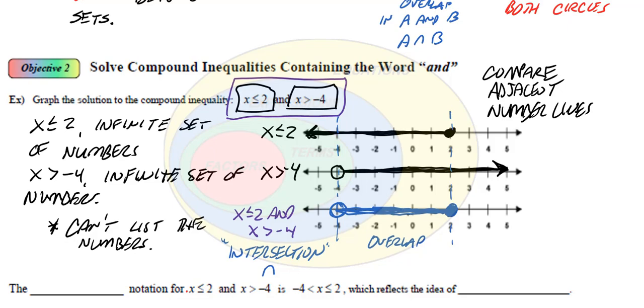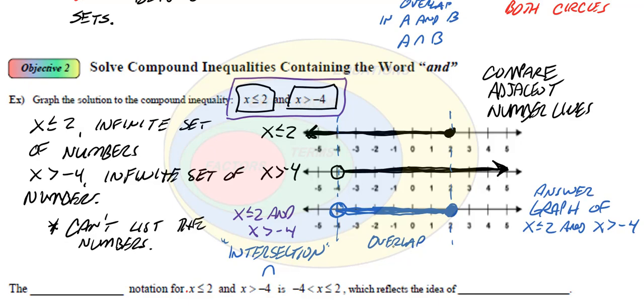So this then is the actual graph of the answer of x less than or equal to 2 and x greater than -4. All right, so this is the answer that we're looking for when it says graph.